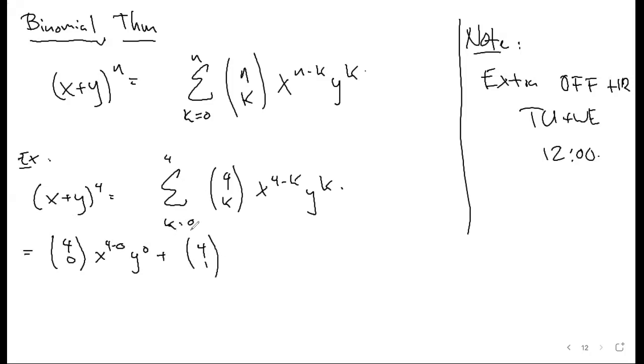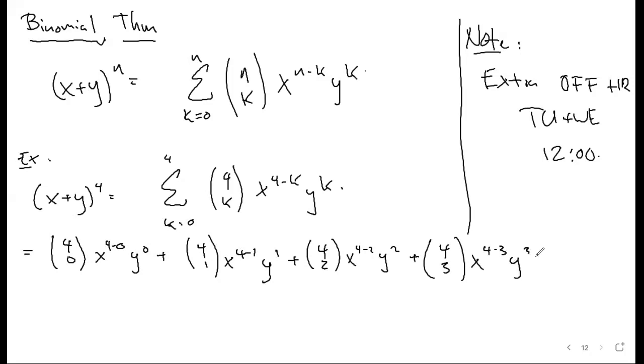Now my k is equal to 1. 4 choose 1, x to the 4 minus 1, y to the 1, plus 4 choose 2, x to the 4 minus 2, y squared, plus 4 choose 3, x to the 4 minus 3, y cubed, plus finally 4 choose 4, x to the 4 minus 4, y to the 4.